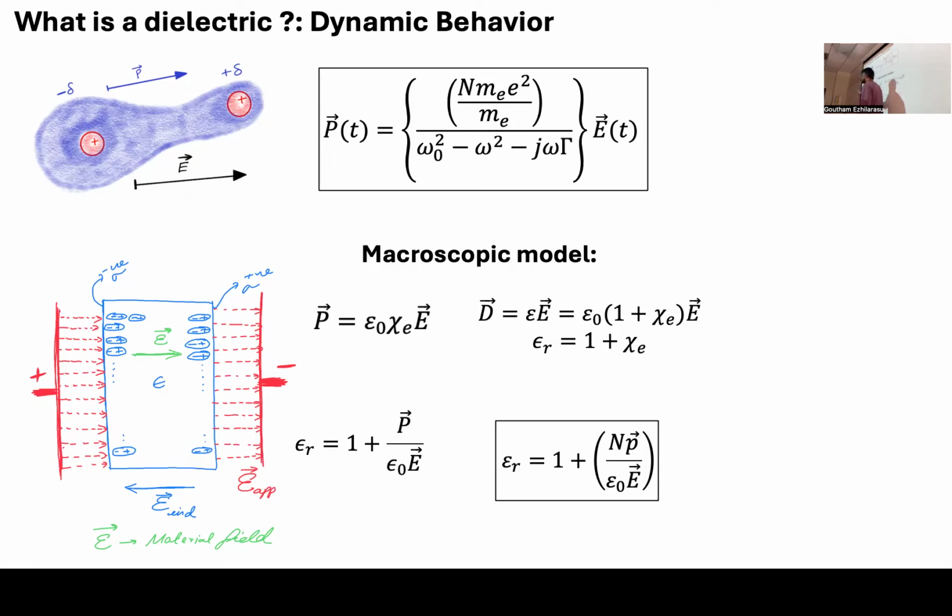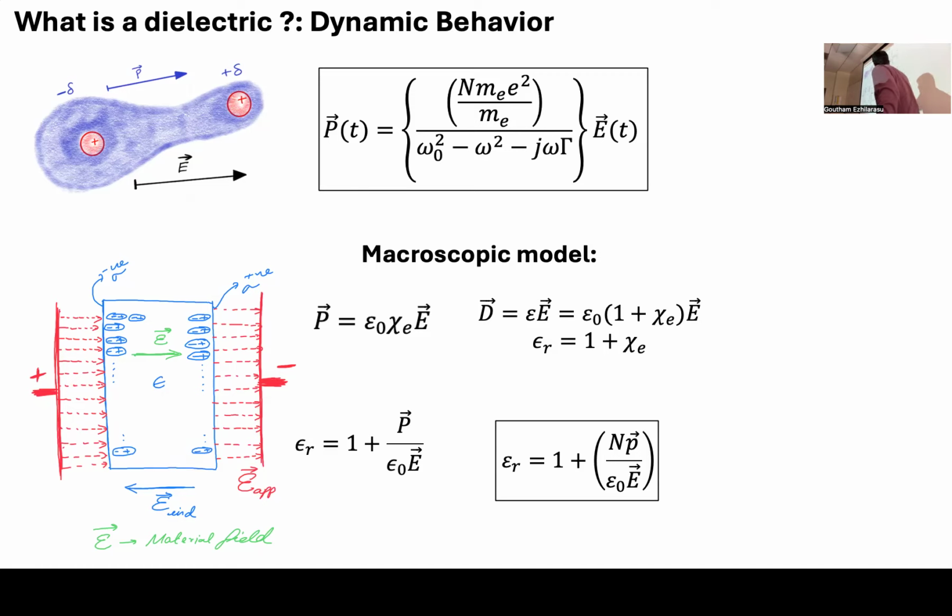So the net field inside is now lower. Macroscopically, the polarization is related to the electric field by this, which is called the dielectric susceptibility. And if you remember from basic electrostatics, D is epsilon times E, and there's a relation between the dielectric constant and the susceptibility.